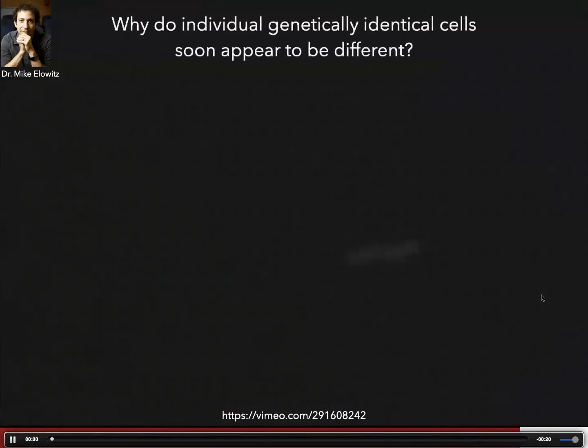It's just the first time you get an oscillation like this working. It's amazing. Okay. So again, the question to reflect upon is, what does this have to do with diffusion at the molecular scale? Maybe it's something to do with why individually genetically identical cells soon appear to be physically different. Isn't that interesting that we can get physical differences even with genetic homogeneity?